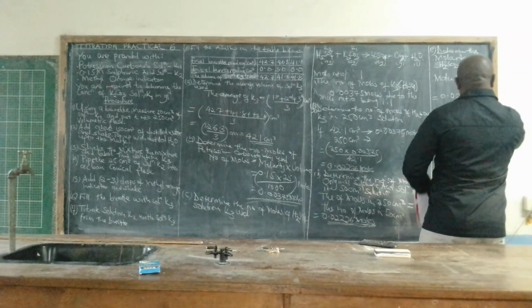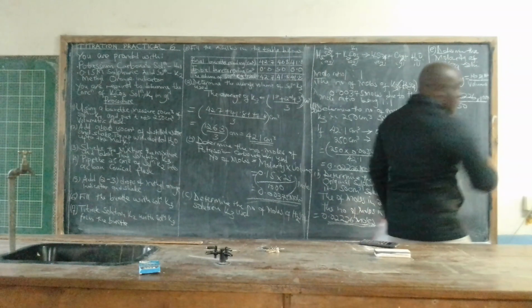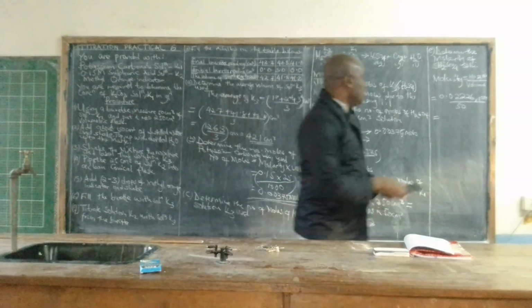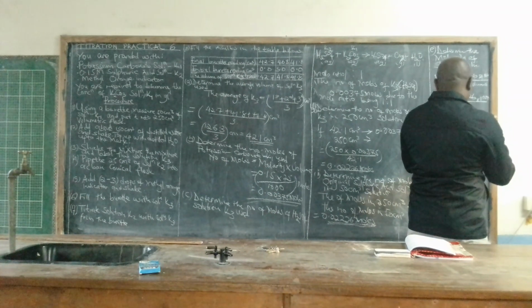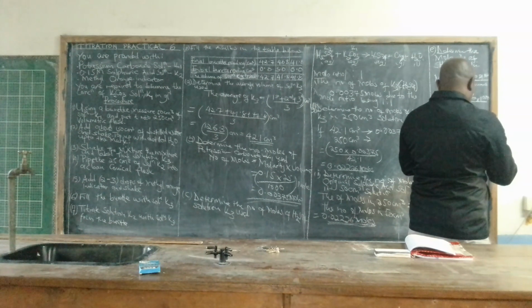If we do our calculations properly, it's going to be 0.02226 times 1,000 divided by 50.